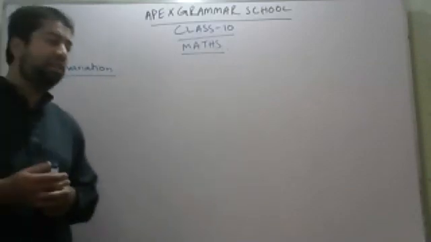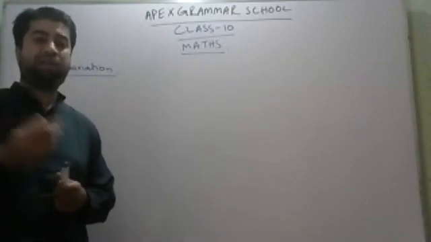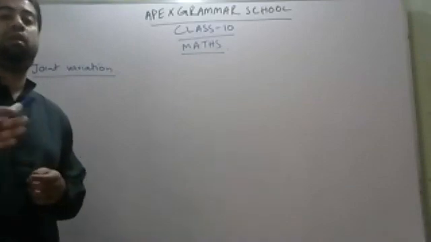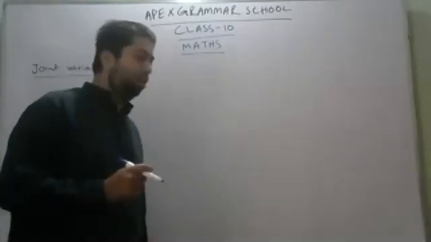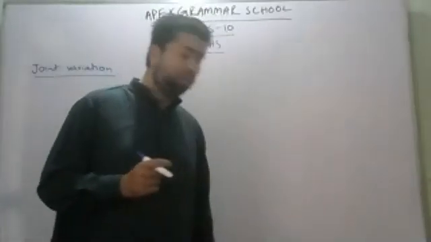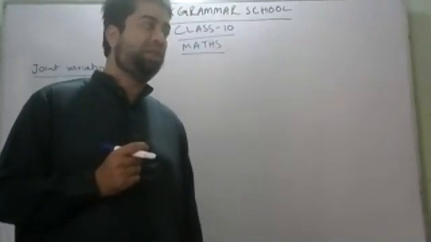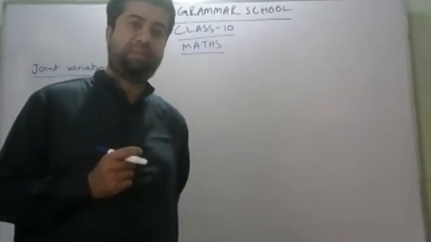You have already done these things within class 9 physics or class 10 physics. For example, you have done Coulomb's law, or within class 9 you have already done the law of gravitation.